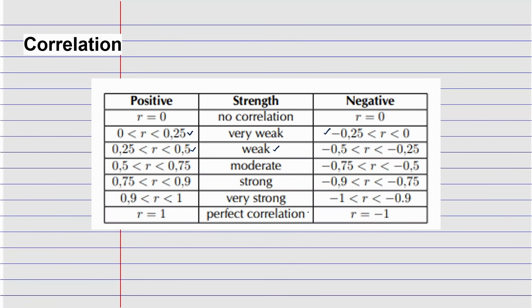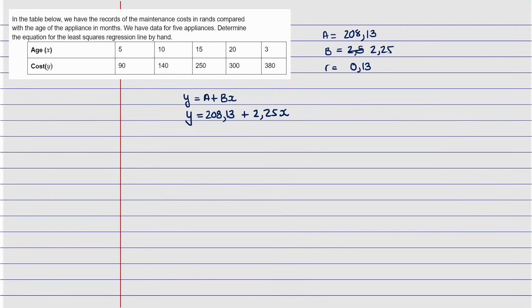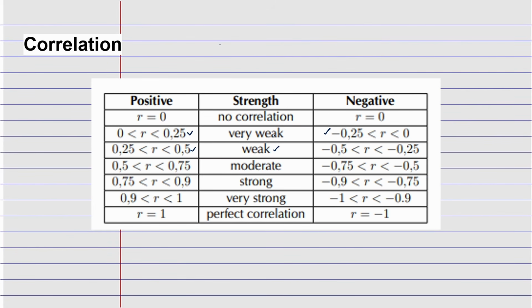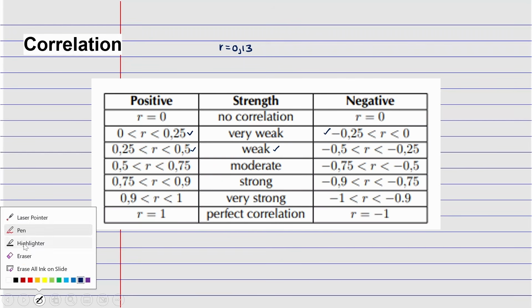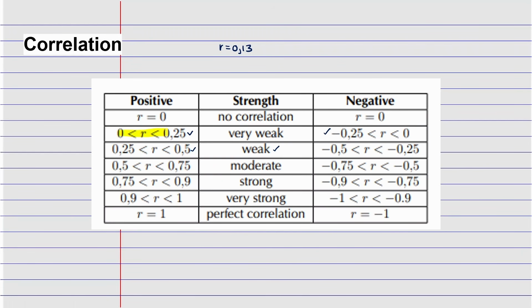So now looking at what we just found, we found R as being what? As being our R value was 0.13. Where does it lie? Do you see the fact that 0.13 lies here? Do you see that?